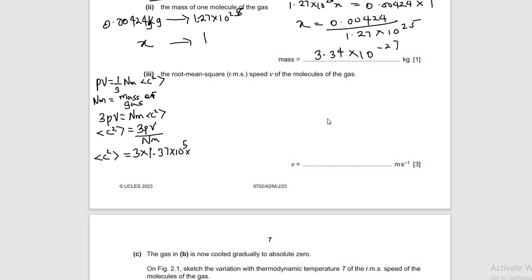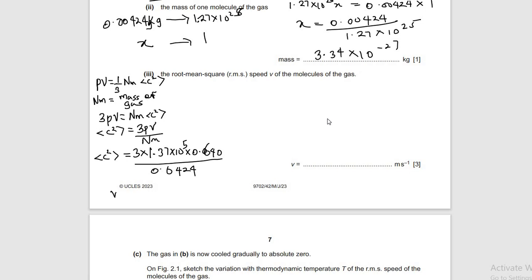The volume is 0.640, all over Nm, which I said is the mass of the gas. The mass of the gas is 0.00424 at the end of the day.